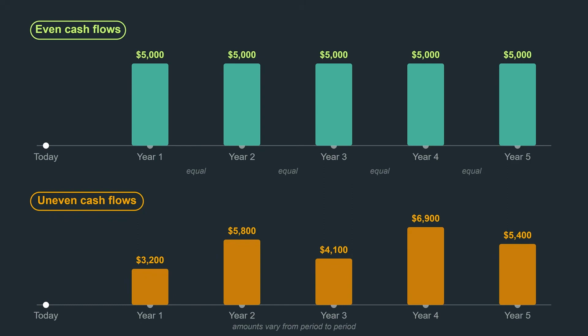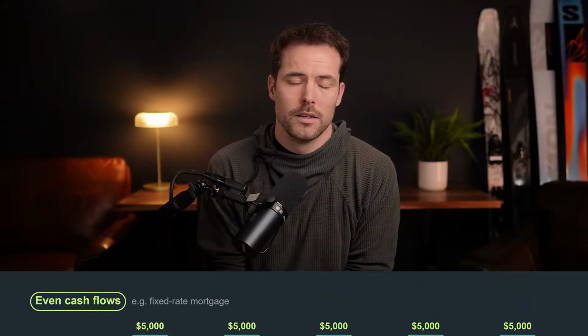So a couple of examples in practice, a standard fixed-rate mortgage produces even cash flows, while analyzing a business acquisition typically involves uneven cash flows. Now, I don't want to make it sound as though these are two wildly different situations. The underlying concepts are the same for both types of problems. I'm separating them for two reasons.